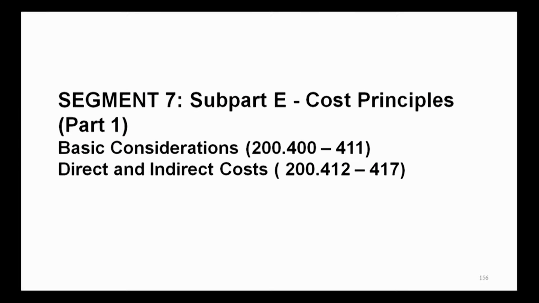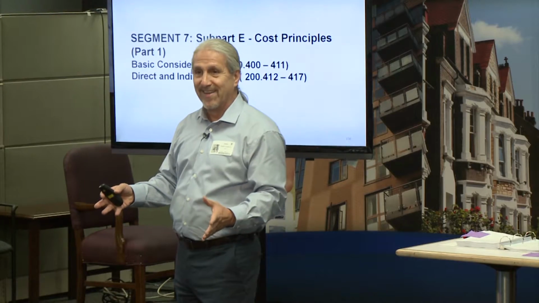And again, this segment is about looking at what are the changes that have been implemented with the new uniform guidance. Some things that are new for us that we didn't see. So I have to say, if you are not familiar with the A87 cost principles, if the former A87 is new to you, it's still going to be new to you.